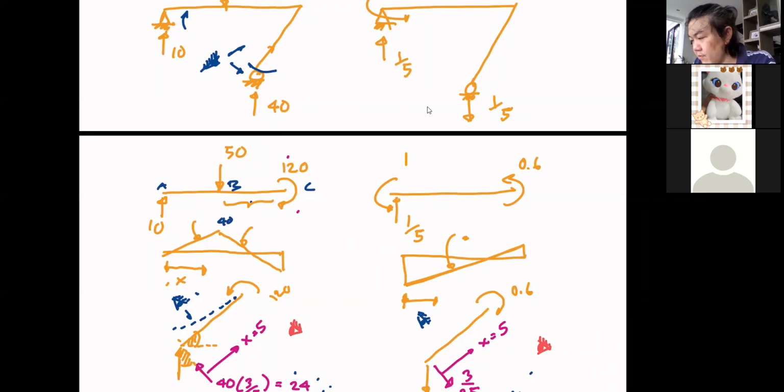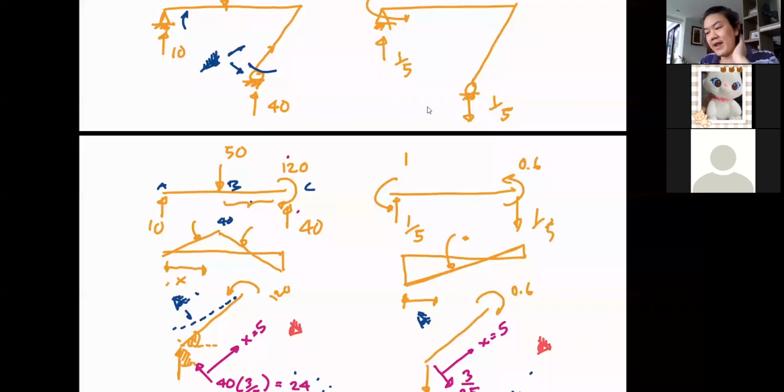Of course, you must always have that. So here you got 40, right? Otherwise, it's not equilibrium. And here you got 1/5. So actually, it's good that you asked because I did not complete my free body diagram.